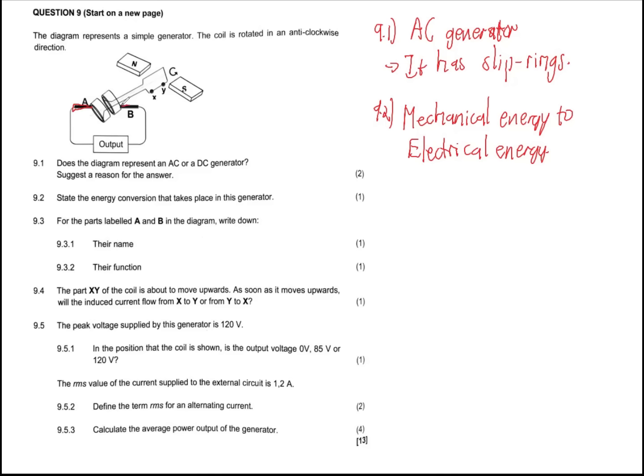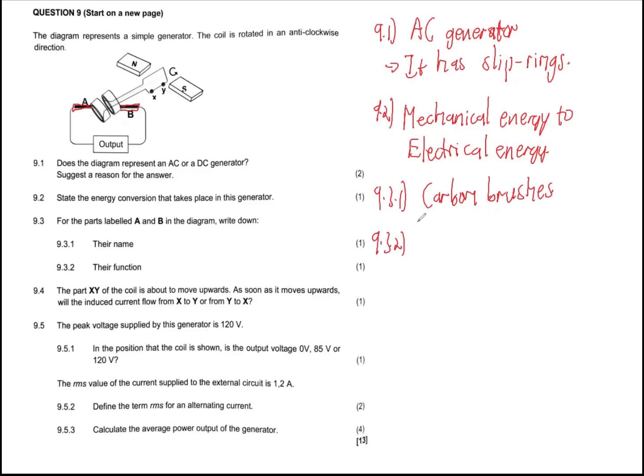So what is the name of these parts here? As we can see, these are the carbon brushes. So these are brushes or carbon brushes. And then what is their function?